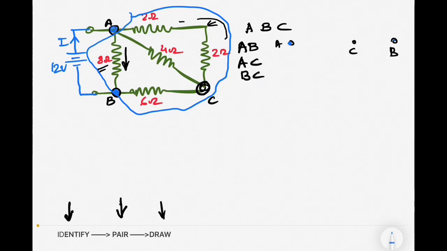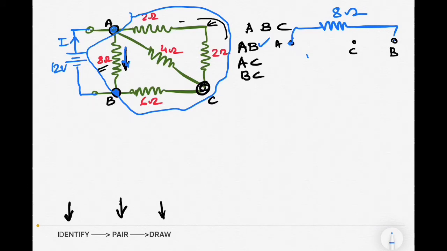Here we are following the path AB. There is only one direct path available, through 8 ohm. So I will put this 8 ohm resistor in between A and B. There is no other direct path in between A and B, so we're done with drawing the direct path for the first pair AB.